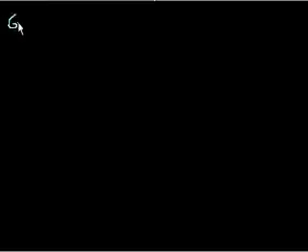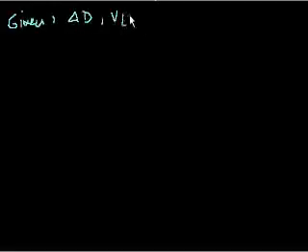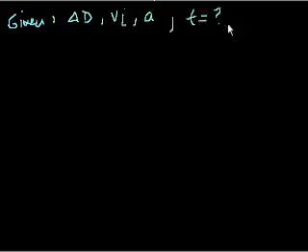So we're given the change in distance, the initial velocity, and the acceleration, and we want to figure out what the time is. It's really the change in time, but let's assume that we start at time 0, so this is the final time.